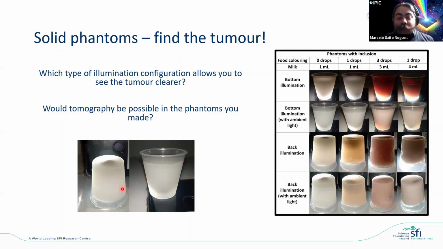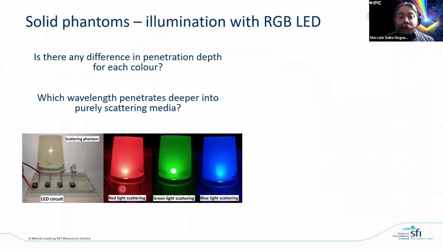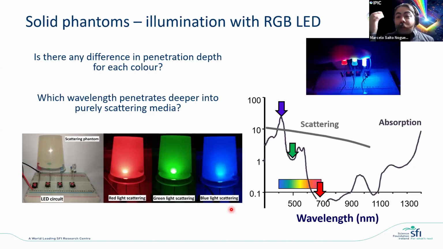And finally, we also want you to explore how light propagates with different colors of light. So use your LED circuits to see what the light propagation is with just scattering or just absorption. You'll be doing spectral measurements, as we were discussing yesterday.